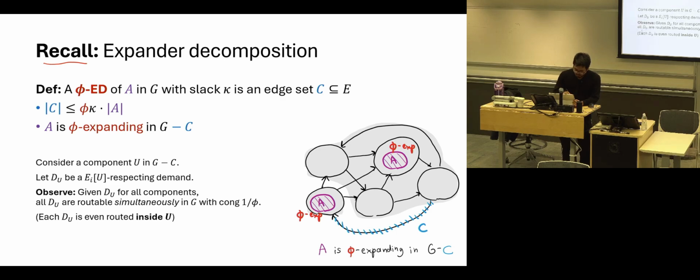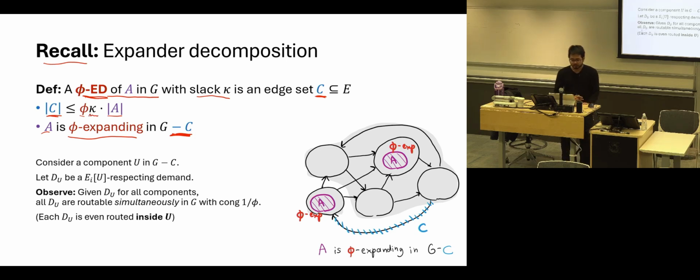A phi expanded decomposition of A in G with slack kappa is just a set C such that, after removing C, A is phi expanding, and the size of C is at most phi times A with slack kappa.